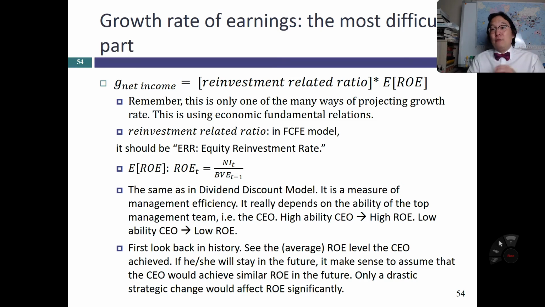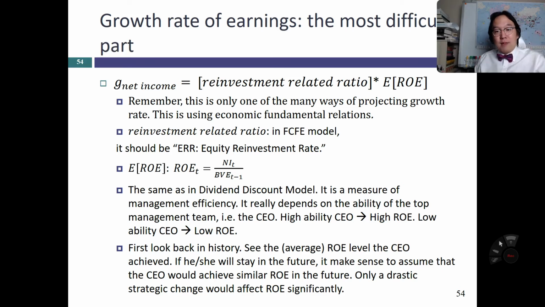You might say, oh, those secretaries, like 가신들, are doing the management instead of the top guy over there, but not really. You'll see it. Yeah, right? The ROE level, if he or she will stay in the future, you are projecting the free cash flow into the future, okay?